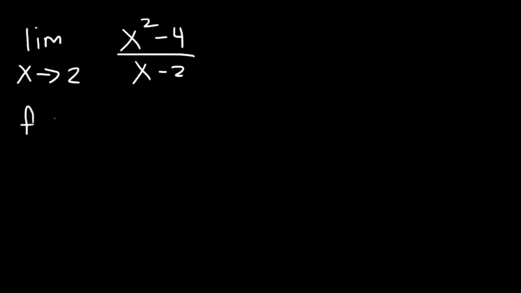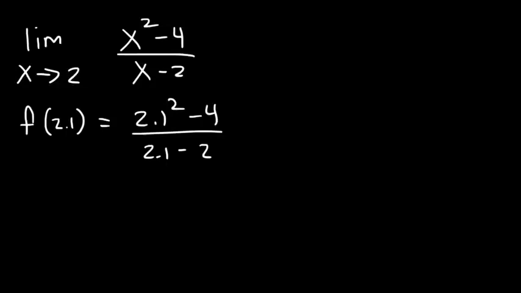Let's calculate f of 2.1, so that we get a positive answer instead of a negative one. 2.1 squared minus 4 is about 0.41, and 2.1 minus 2 is 0.1, so this is going to be 4.1.